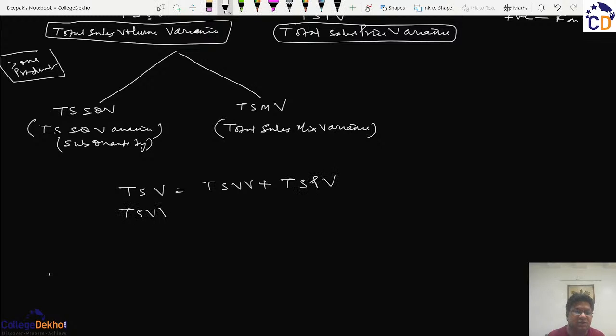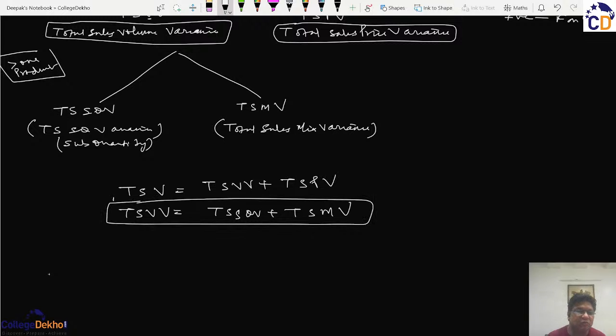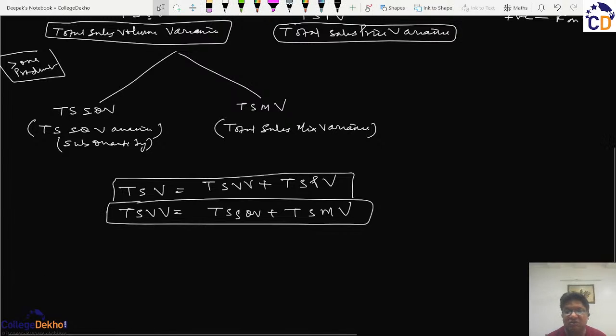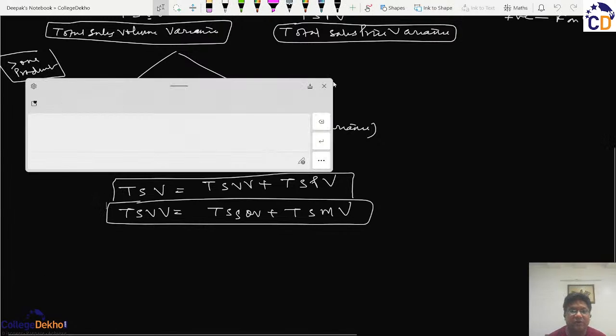And the total sales volume variance will be equal to total sales sub quantity variance plus total sales mix variance. And that is how we can prove it, though there is no requirement to show that proof, because the only question that is asked is how these variances are calculated.